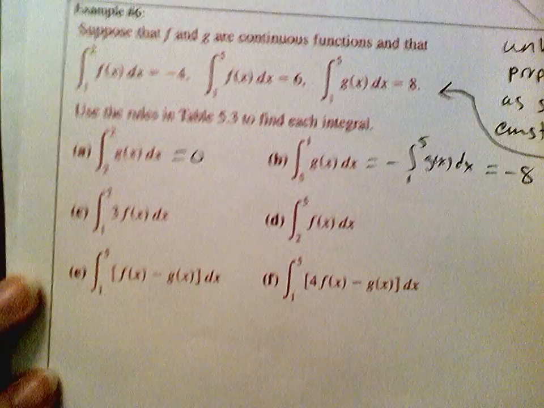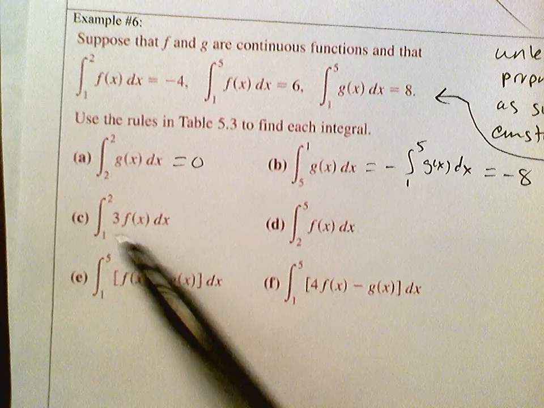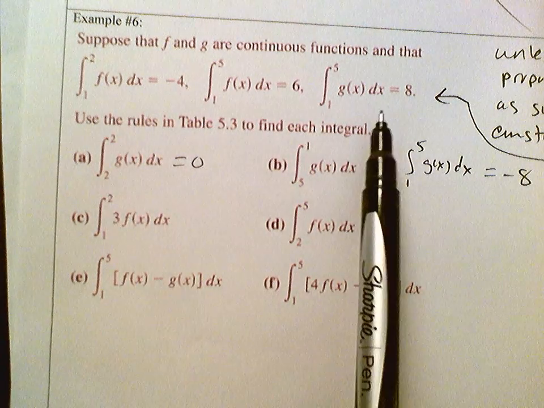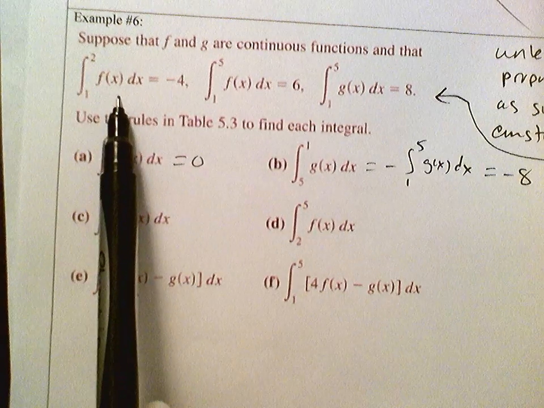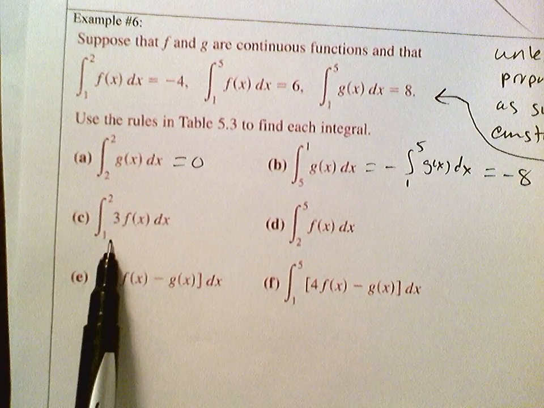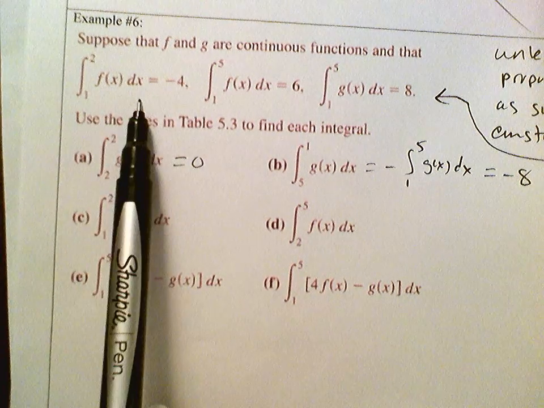All right, now for part C, integral from 1 to 2 of 3f of x. This one is not up here, but the integral from 1 to 2 of f of x is. So I want to rewrite this one explicitly as this one.